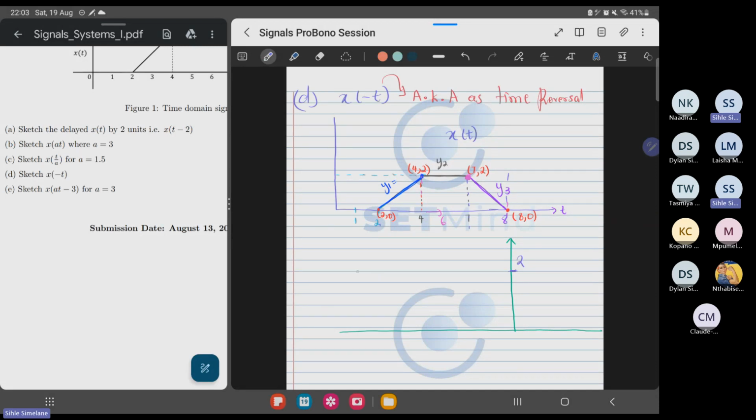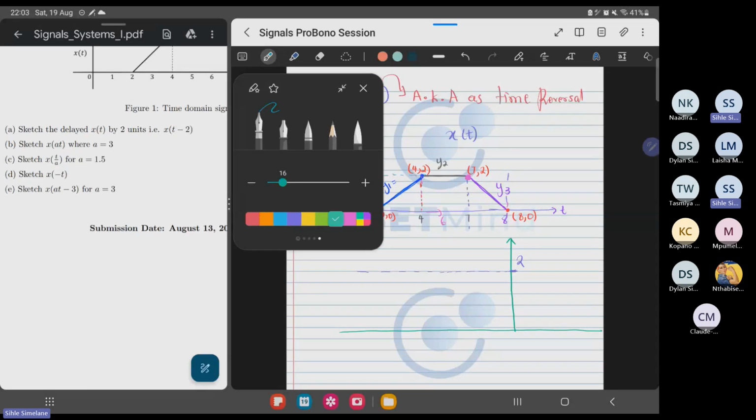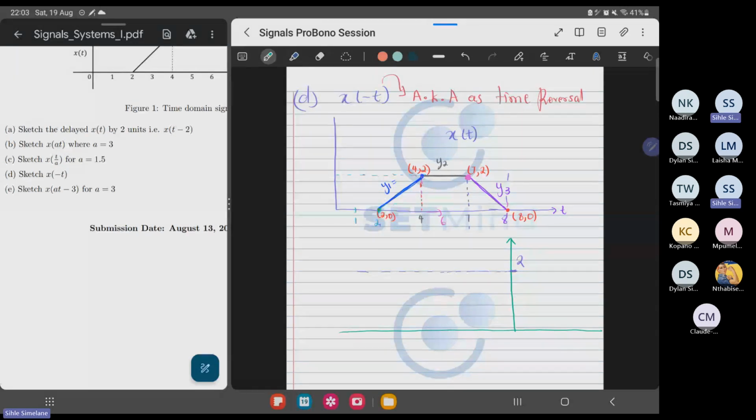If you look carefully, when I multiply this positive 2 by negative 1, I will end up having negative 2. And then the other point will be negative 4, the other one will be negative 7, and the other one will be negative 8.